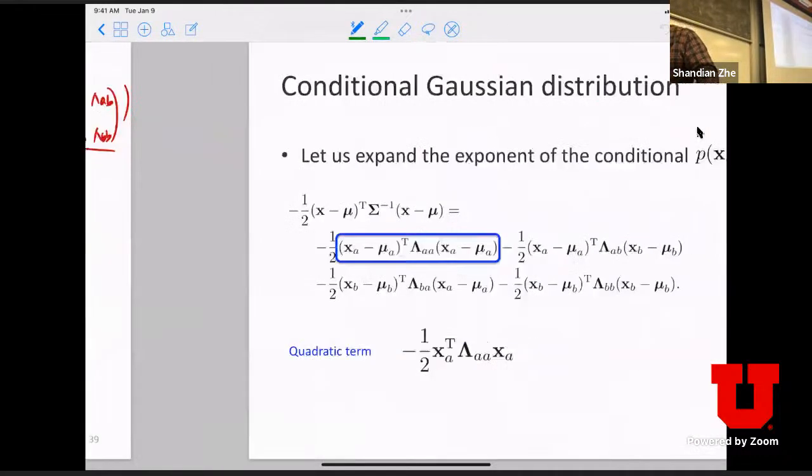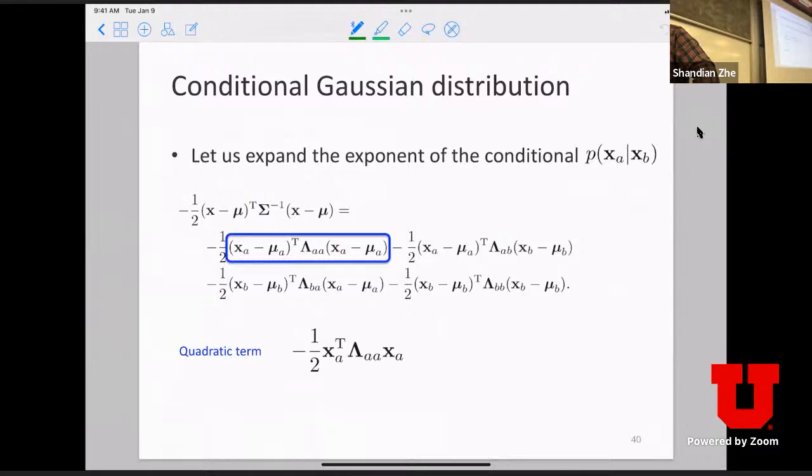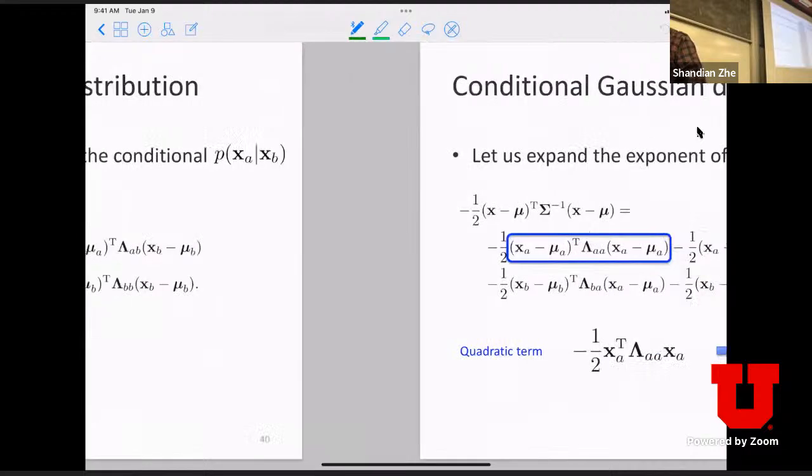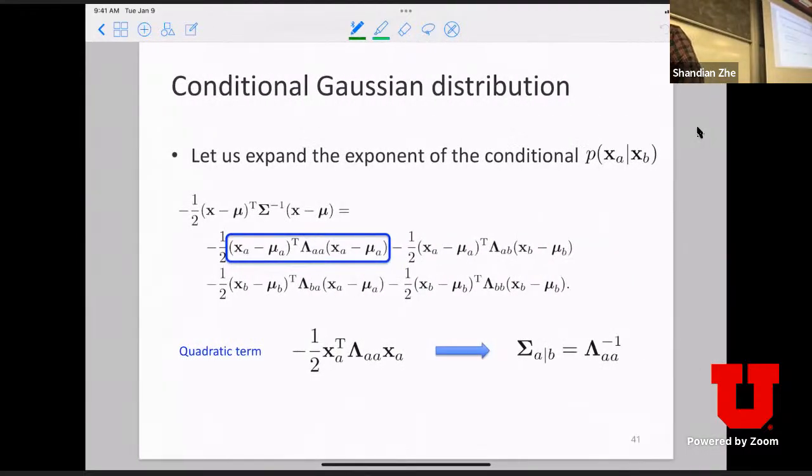Looking at the terms regarding xa, we first find a quadratic term from here, because xa minus mu a appears twice, so it must have a quadratic term, which is given by half xa transpose lambda aa xa. And we know that this lambda aa must correspond to the inverse covariance of your conditional distribution, which is denoted by sigma a given b, the inverse of which is lambda aa.